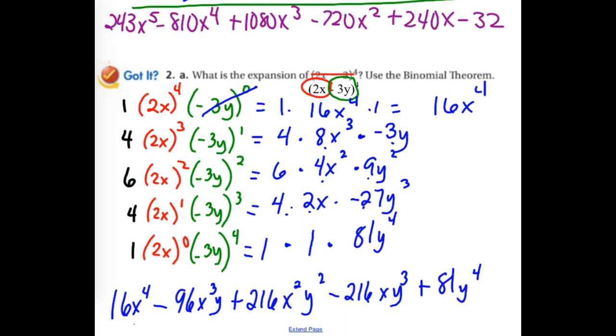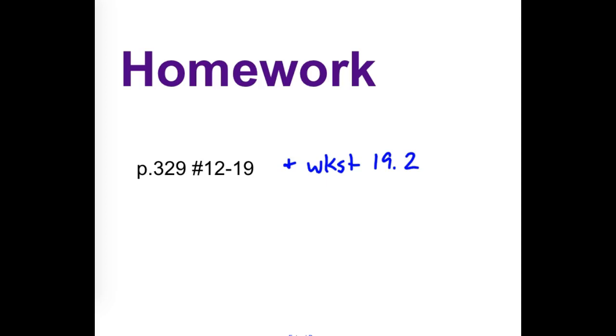Okay. So tomorrow when you come into class, we are going to have you fill out that learning goal in Schoology. Rate yourself on things. For your homework today, you guys are going to do questions 12 through 19.